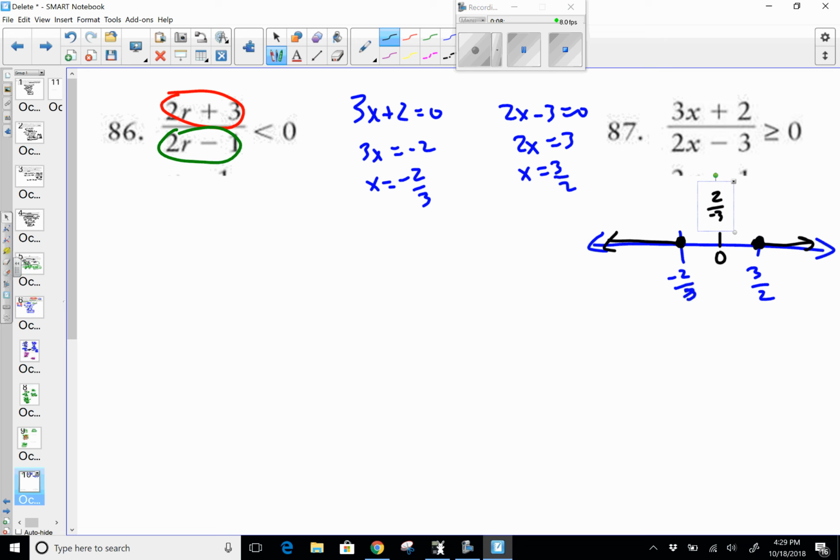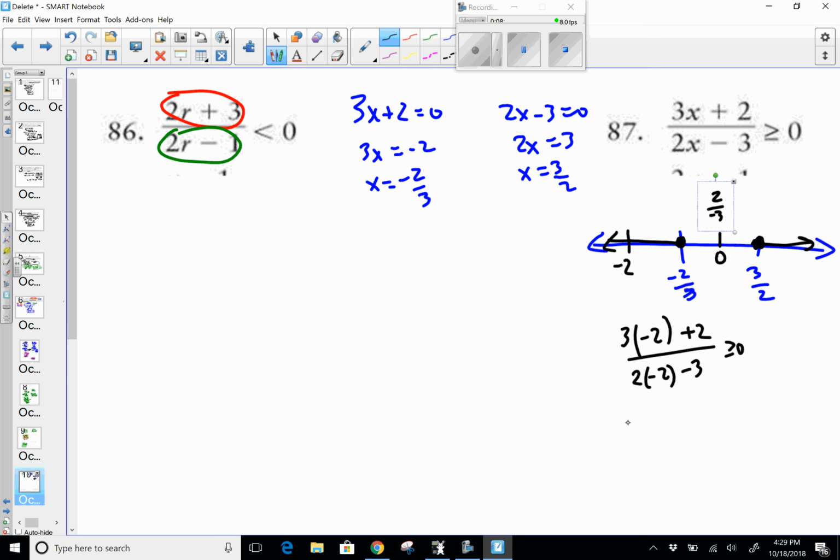And again, I can test that. Let's go ahead and plug in the number -2. So I have 3 times -2 plus 2 over, and over here, if I plug -2 in, I have 2 times -2 minus 3, and I have to see if this is going to give me greater than or equal to 0.